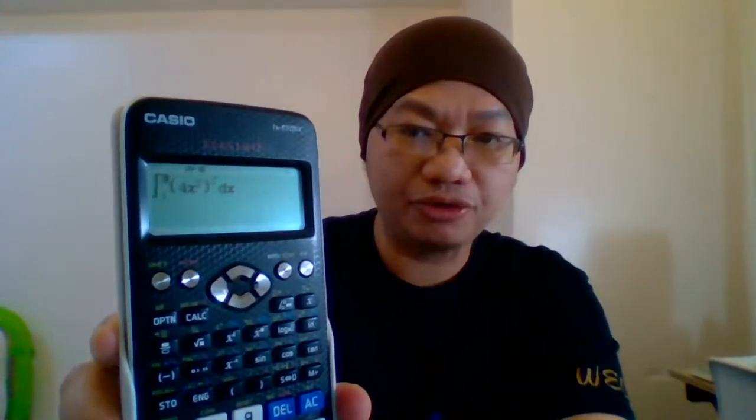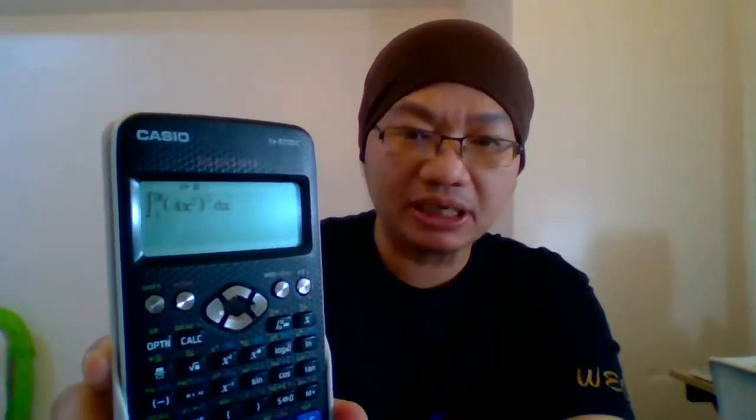So you must put a bracket, 4x squared, close the bracket, and then put a square outside the bracket, to the limit of 1 to 3, and then you just press. Can you see? I hope you guys can see. And then I just press equal. So what's the answer?